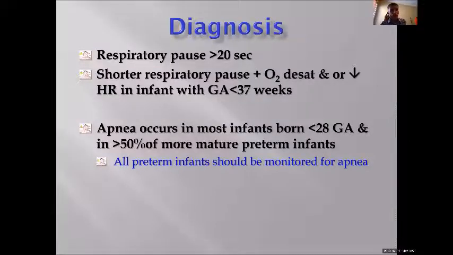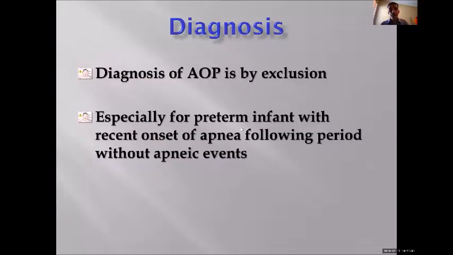However, all preterm babies should be monitored for occurrence of apnea. We diagnose apnea of prematurity by exclusion, especially if the apnea did not start at birth or in the first few days of life, or it's a new event, or a sudden change of the apneic events.